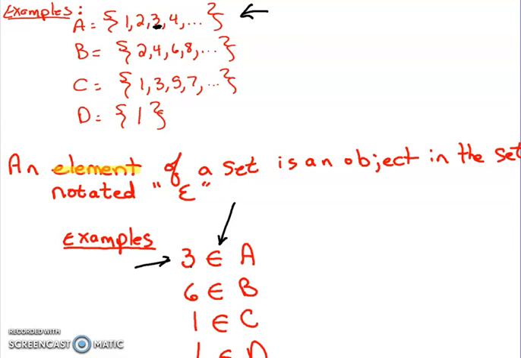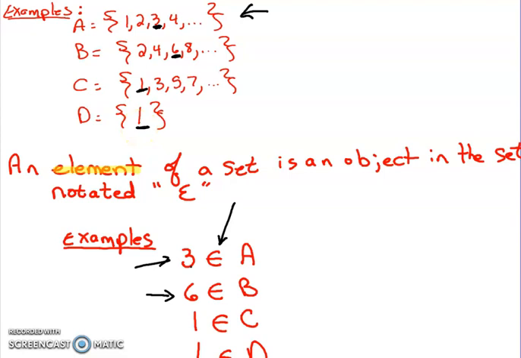All right, the second example, 6 is an element of set B. And again, if you look at set B, the number 6 is right there. 1 is an element of C, which is true, it's right there. And 1 is an element of D, which is correct, it's right there. So those are some examples.